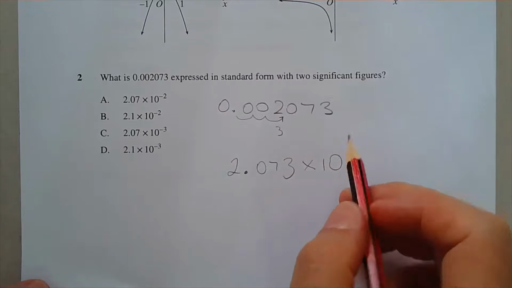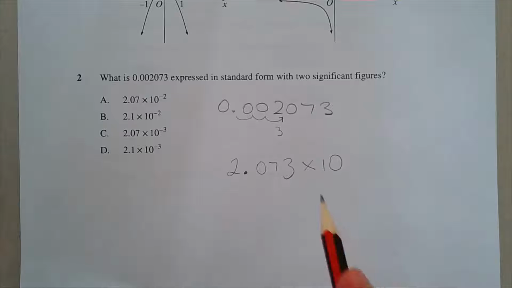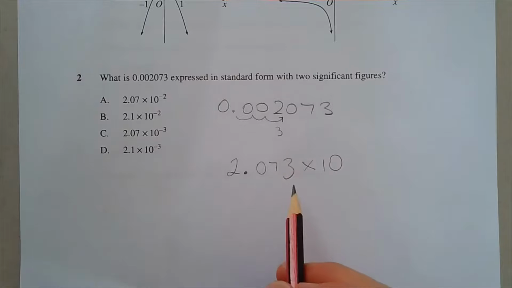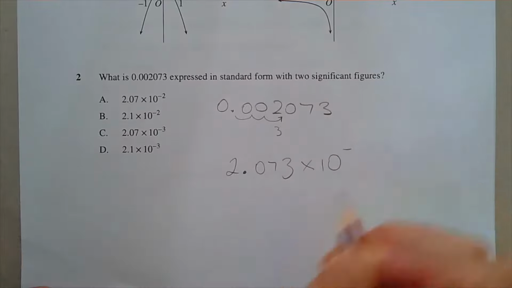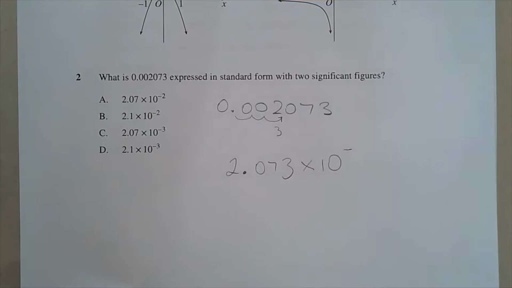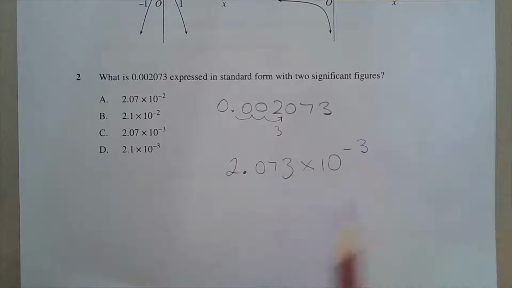Now, because we're making a small number into a bigger number, 0.002 is much smaller than 2.073, we need to put a minus sign in front. The number you put behind the minus sign corresponds to the number of places you've moved the decimal point. So 1, 2, 3, done.